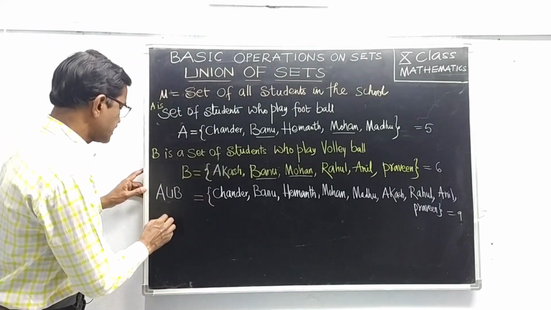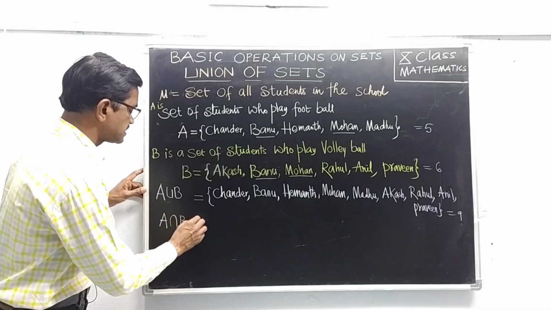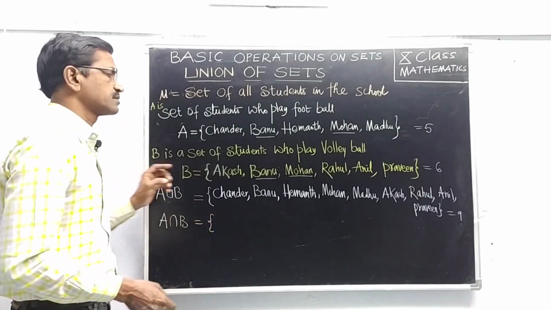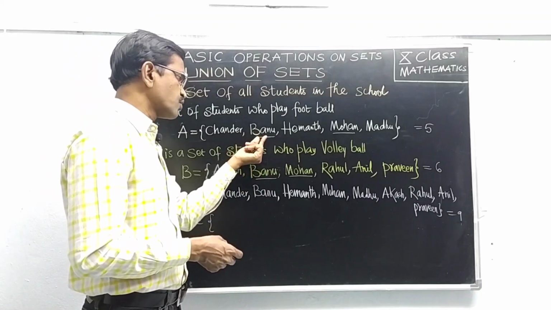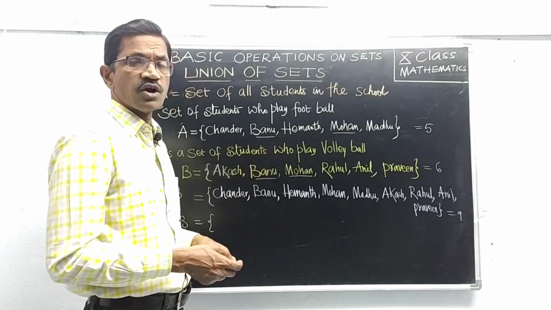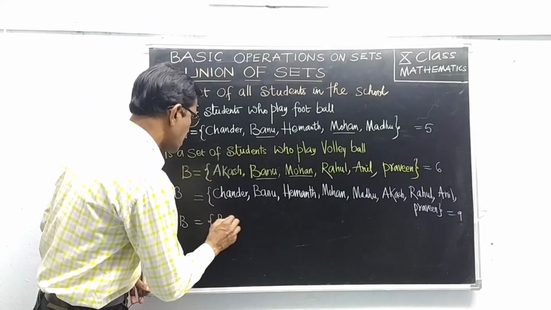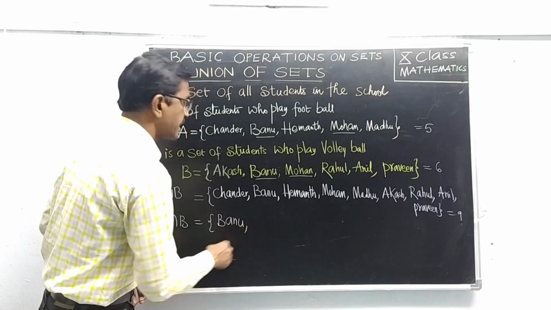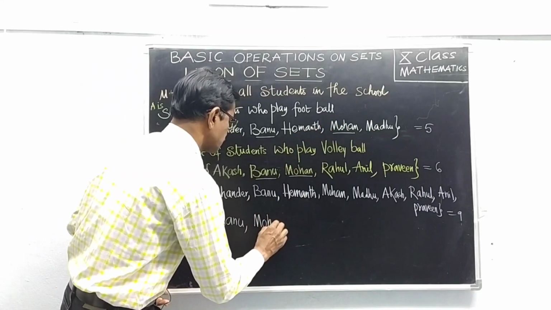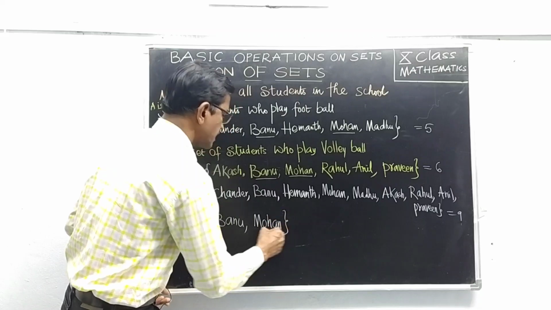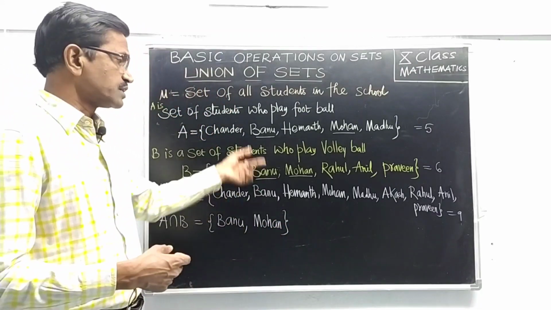Now what are the common elements? Only common: students who play both football and volleyball. How many members are there? Only two. They are Banu and Mohan. These two persons play both games.